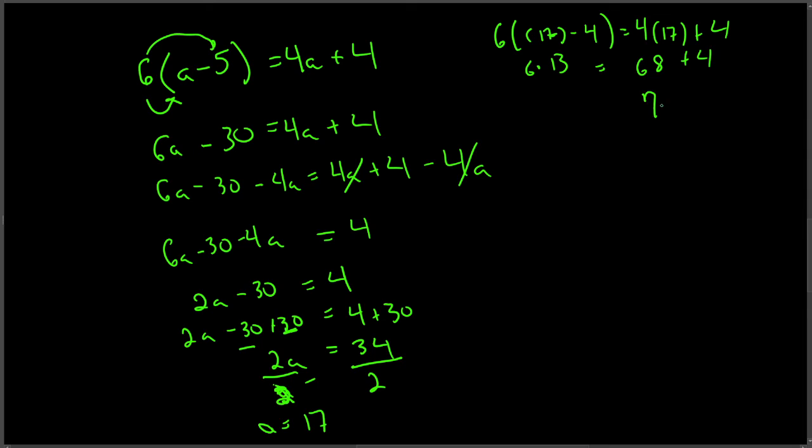And 68 plus 4 is 72. 72. Oh, it's minus 5. See, you have to make sure you copy the thing over correctly. So 17 minus 5 is 12. Sorry about that. I'm having a little bit of copy issue today. I think I need more coffee so I can copy things well. But there we go. And we check.